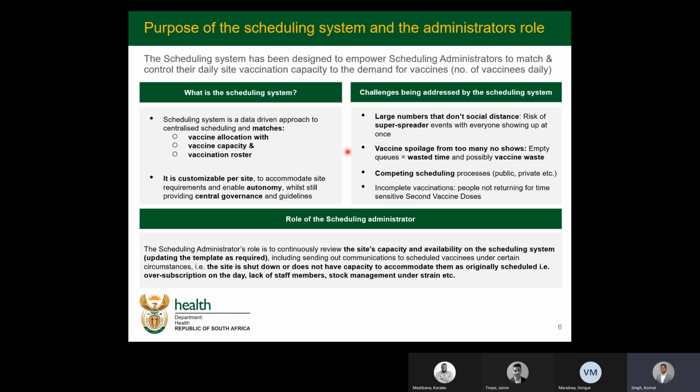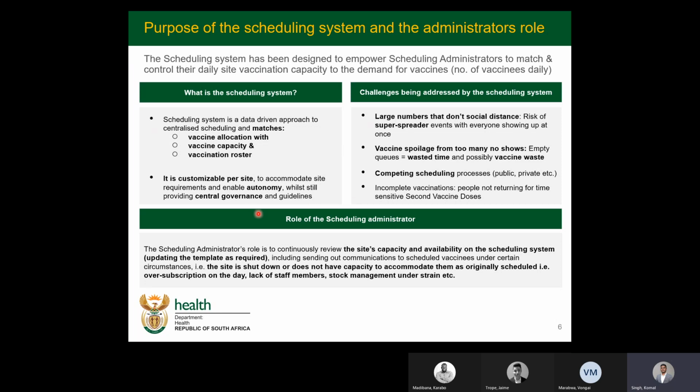The scheduling system also helps with vaccination spoilage from too many or no shows, as empty queues equal wasted time and also possible vaccine waste. The scheduling system also deals with competing scheduling processes, for both public and private. So we try and provide a form of central governance from this perspective, as well as address incomplete vaccinations, so people not returning for the second vaccination dose.